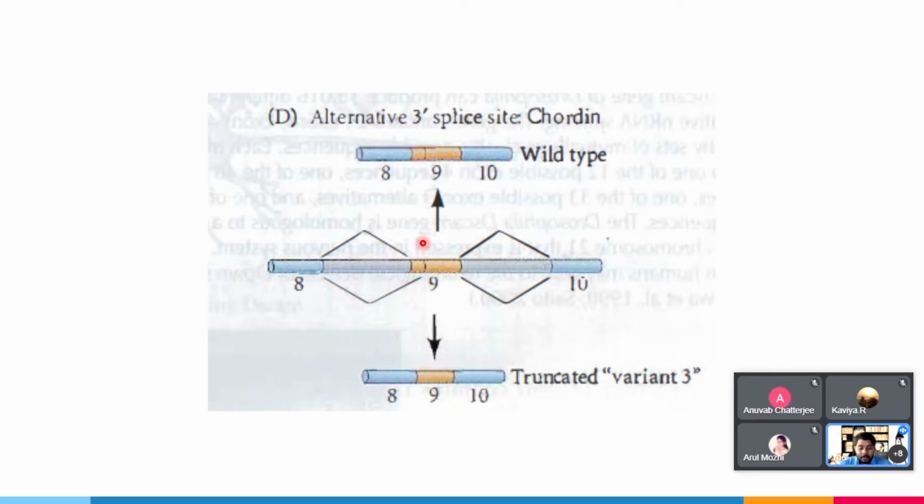So when the spliceosome tries to recognize the acceptor site, instead of this intron acceptor site, it can also recognize the exon acceptor site. And the spliceosome then considers the entirety of the intron and partial exon 9 as the intron that needs to be spliced out. And then it splices out and ligates these acceptor and donor sites to form the truncated variant. Is that okay, Deepak?